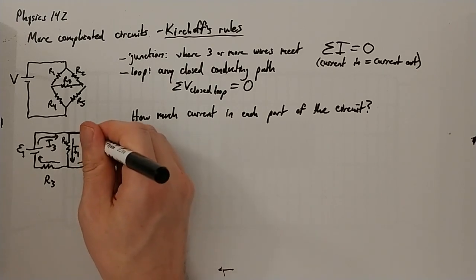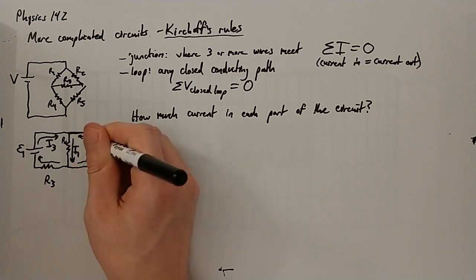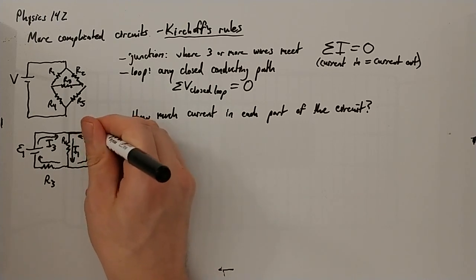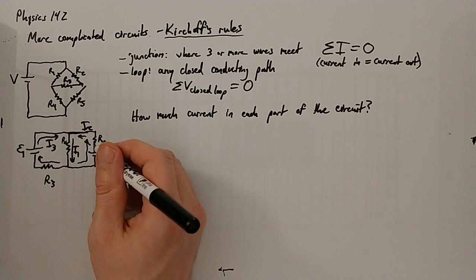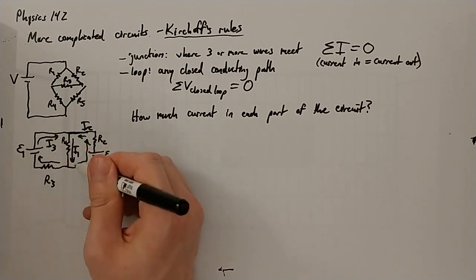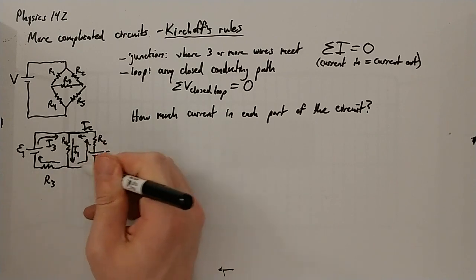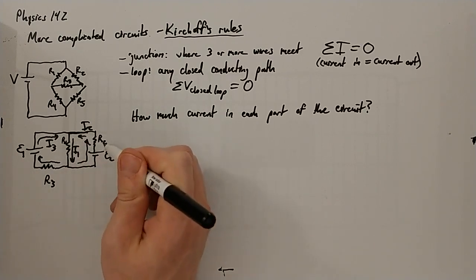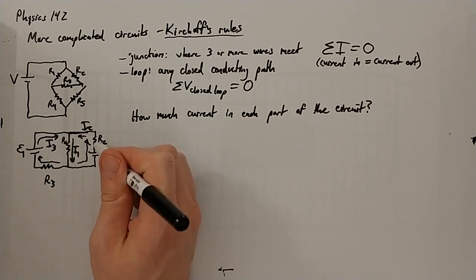All of the current in this region right here is going to be I2. So we have 3 different parts that all potentially have different amounts of current flowing through them.